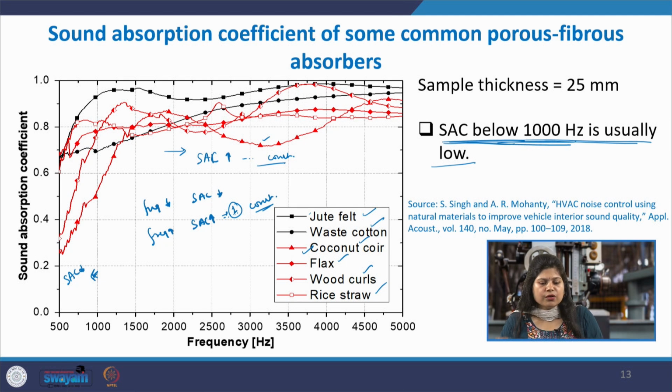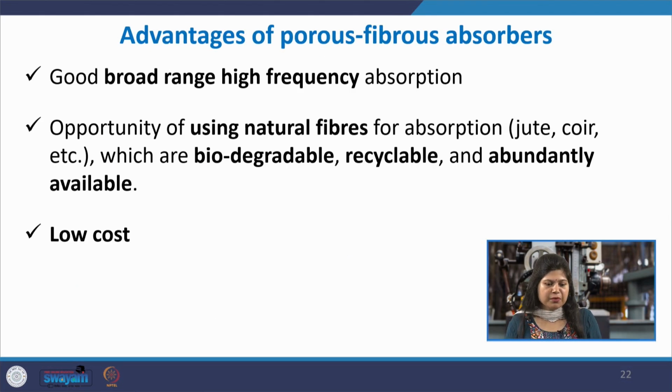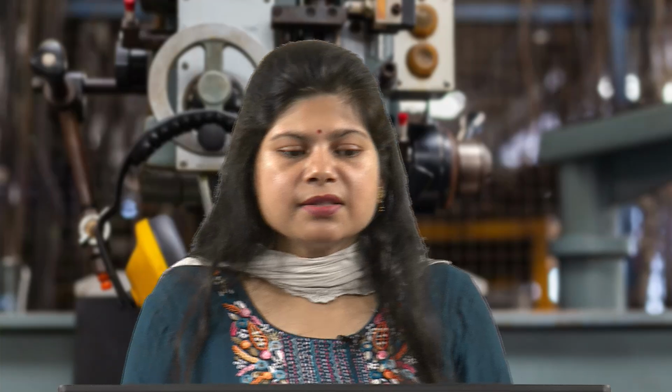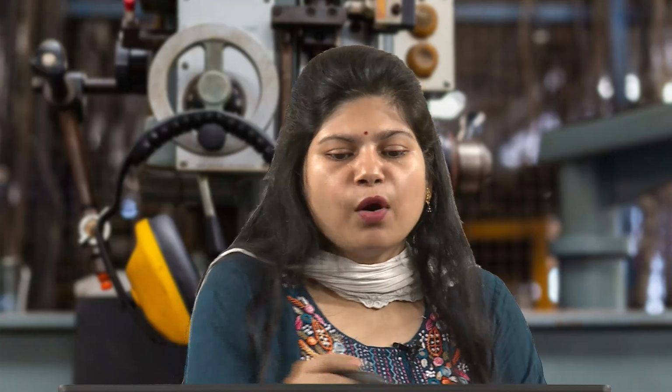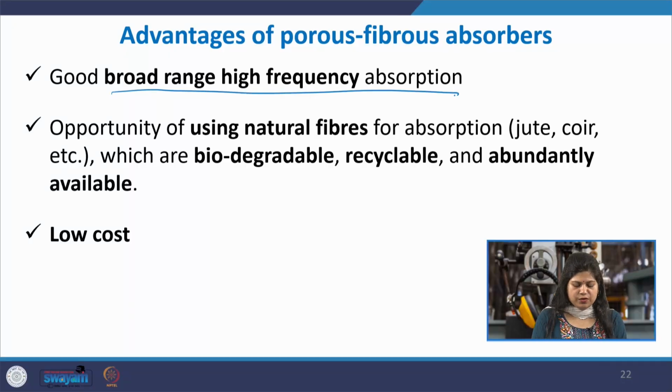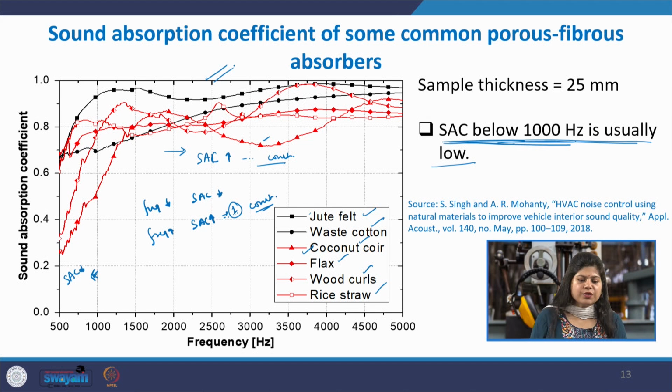Okay. So, these are the typical kinds of absorption treatments, and let us see some of the advantages and the disadvantages of these kinds of absorbers. They are very good for broad range high frequency absorption. If proper treatment is done and a material is made, you would say that usually the absorption coefficient is quite high, almost above 0.8 in a large range, beyond 1000 or 1500 hertz till 4000 hertz or so on.